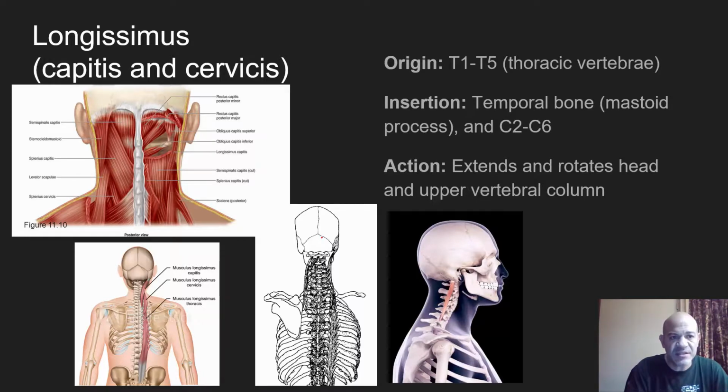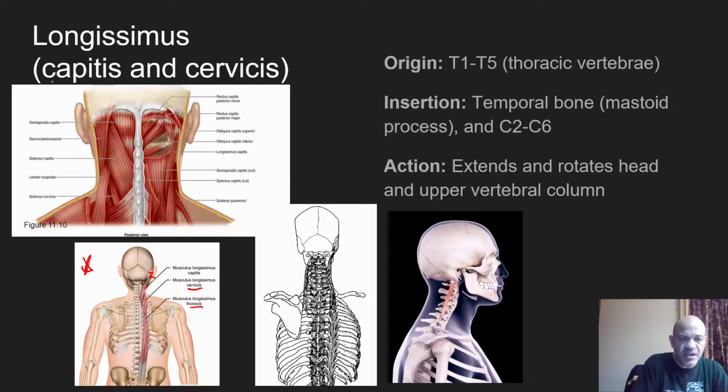The next muscle is the longissimus, and the longissimus actually runs all along the back. You can see the image where we isolate it here on the bottom, and there are different sections of it. There's the capitis because of the insertion being on the head, and then you have the cervicis, and then the thoracis over here.